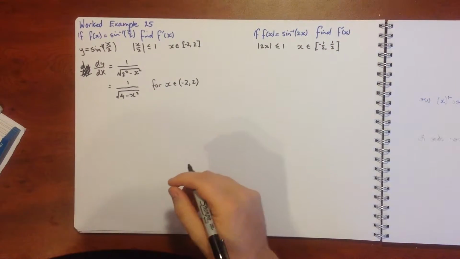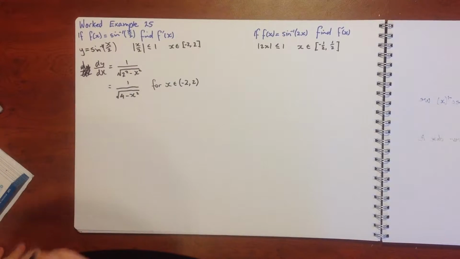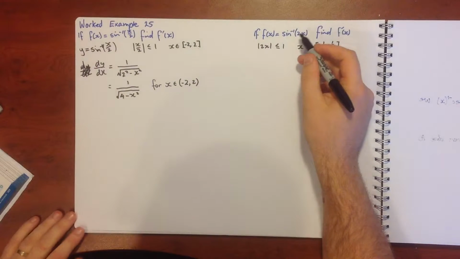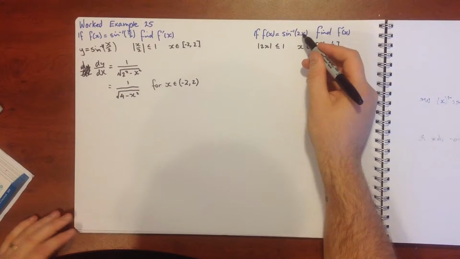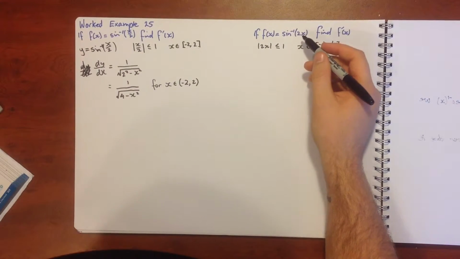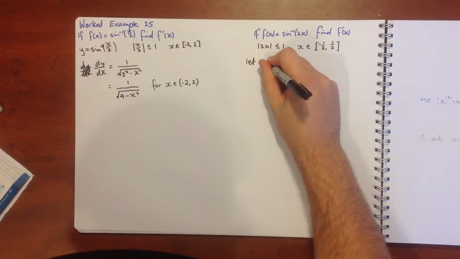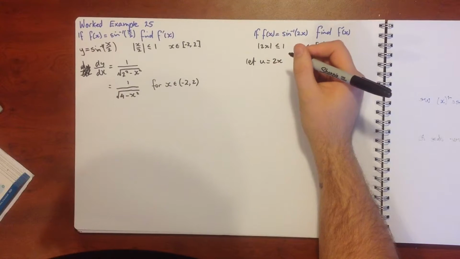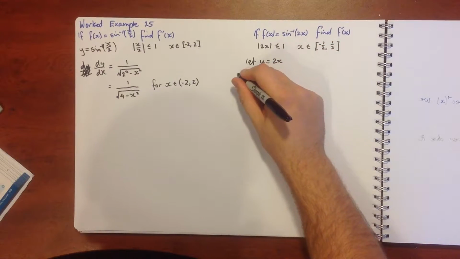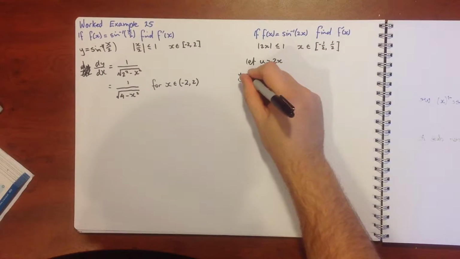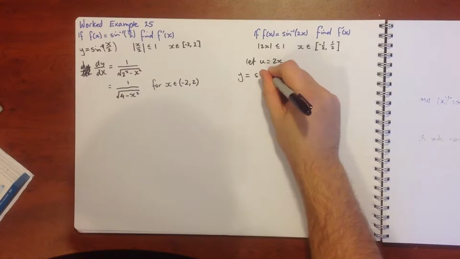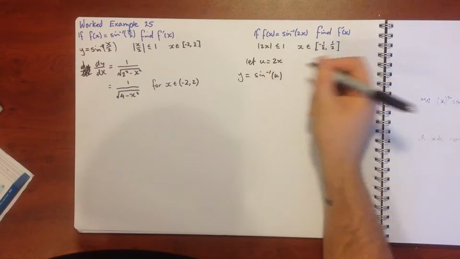For this one, we're actually going to use the chain rule, because it doesn't quite work out the same. What we need to do is say let u equal 2x. Then we have y equals inverse sine of u.